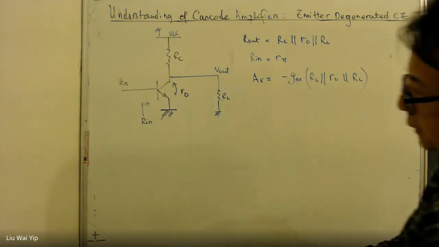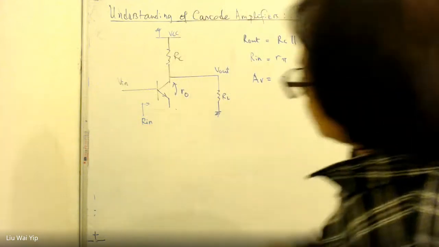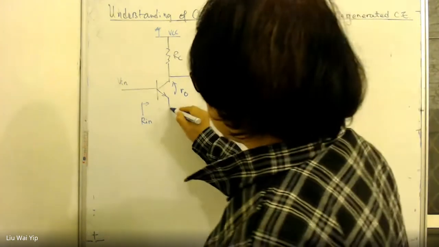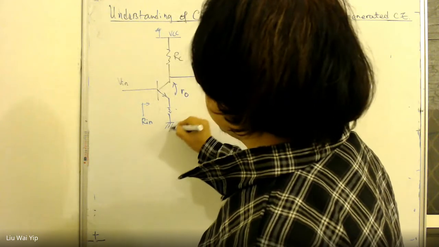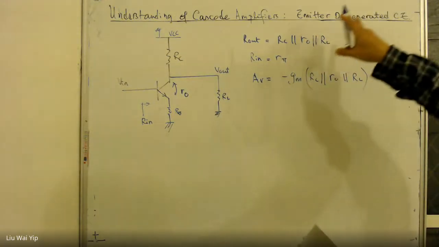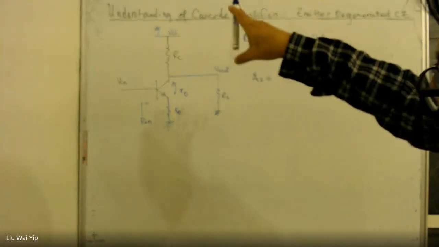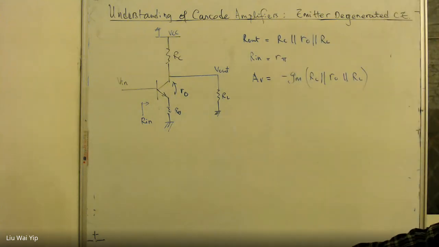Now, what happens if we add the tail resistance to the emitter of this transistor? So in this case, everything changes. And for the output resistance, it's not going to be like this anymore.